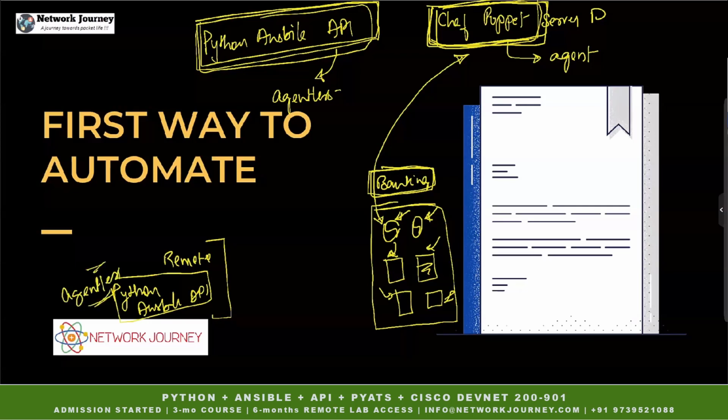Now you might think, what about security? See, these programming languages still need to connect to the devices over SSH or HTTPS. So these are the protocols that are still needed for these agentless tools to get connected.